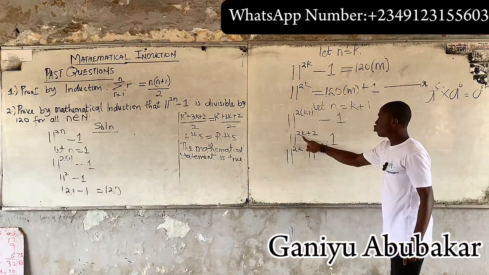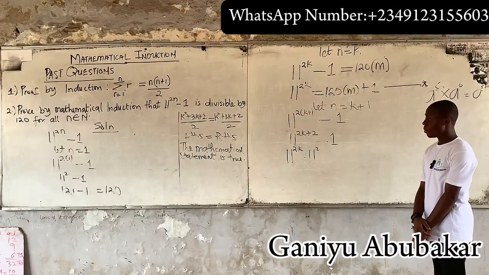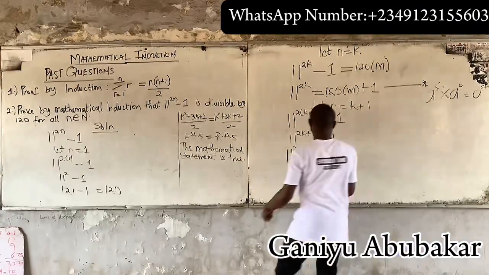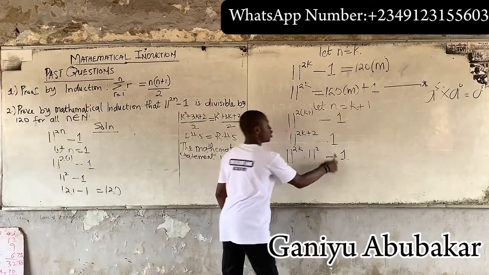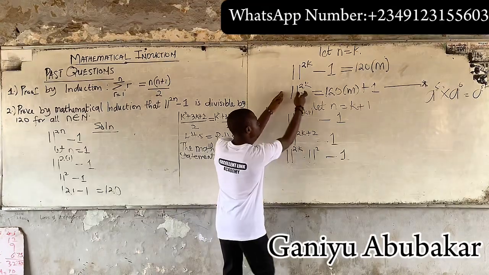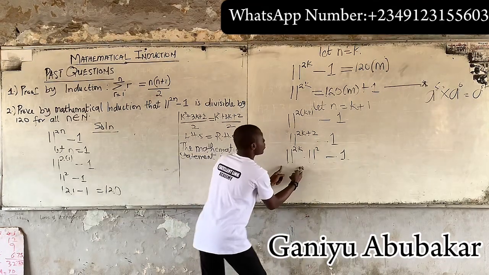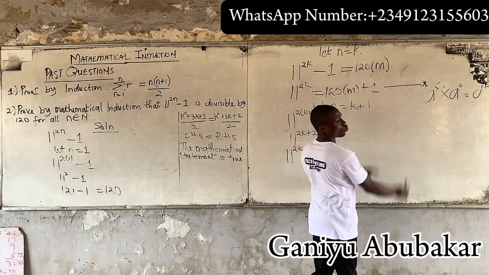2 times k, 2k. Plus 2 times 1 is 2. Are we there? Next up, minus this 1. By the way, what's the value for this? The value for this one is 120m plus 1.